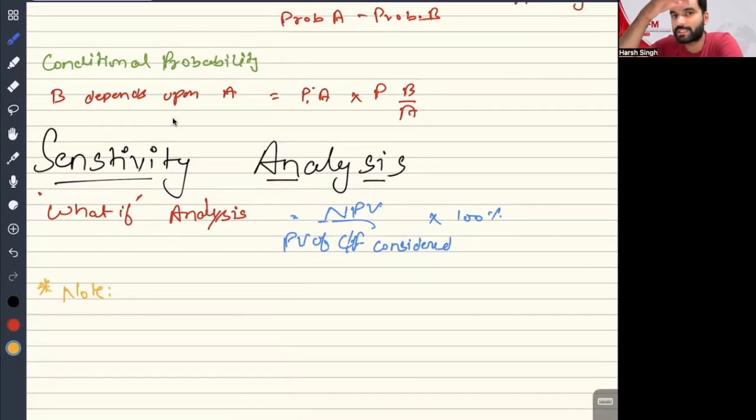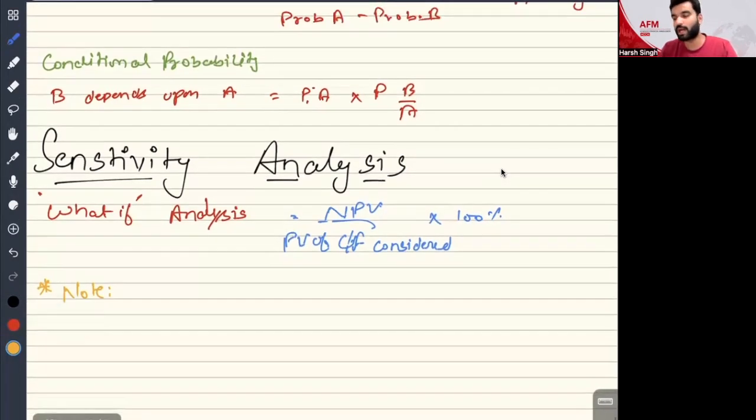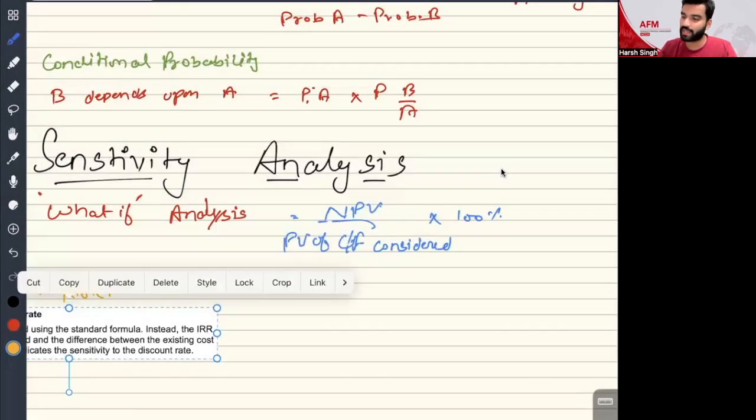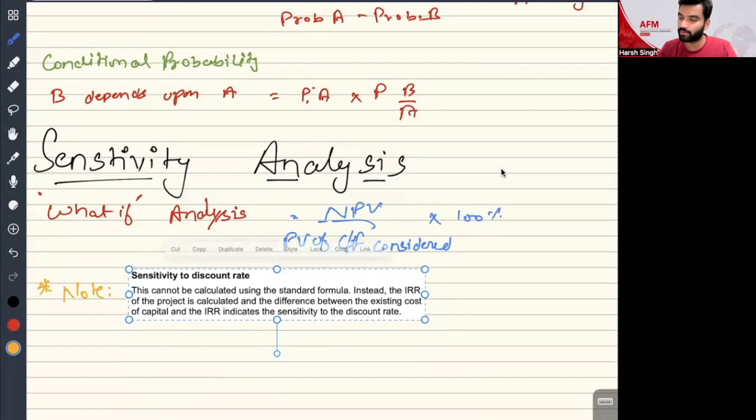Sensitivity to discount rate, there is one trigger that I want you to remember. Why? Because it cannot be calculated using the direct formula. We have to use the IRR and the difference between the current rate and IRR. That will be used to find out the sensitivity to discount rate. Okay, so this is something that you should all remember while solving your question.